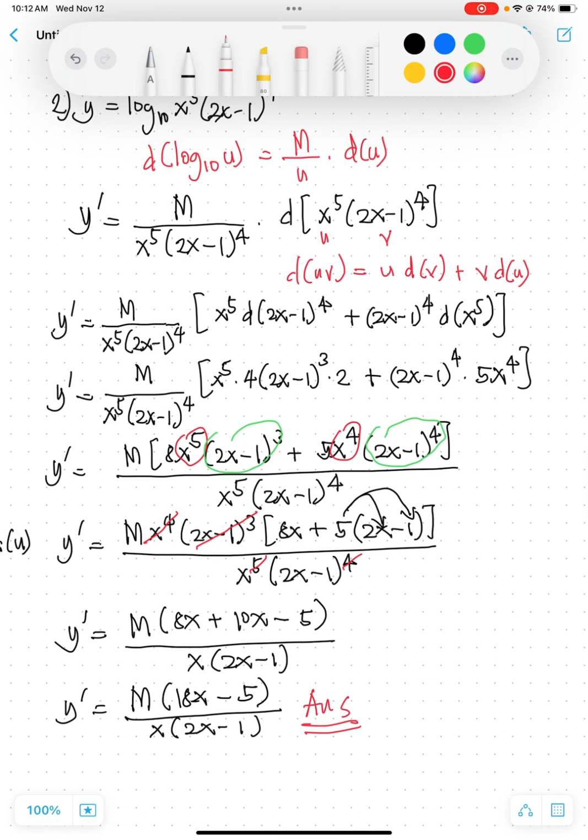Okay, so let us have another solution to the problem. So let us have solution 2.